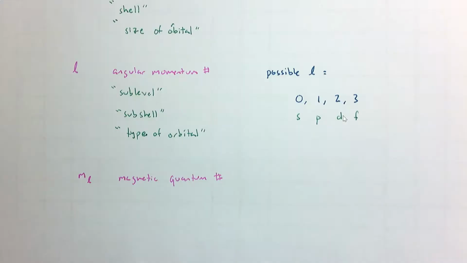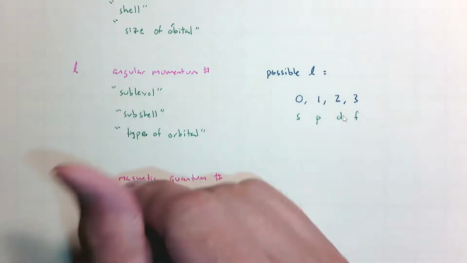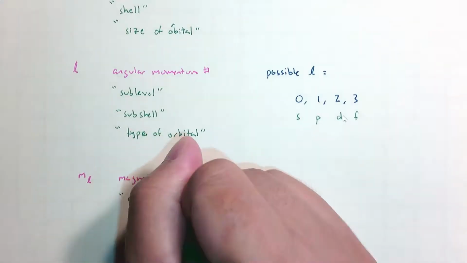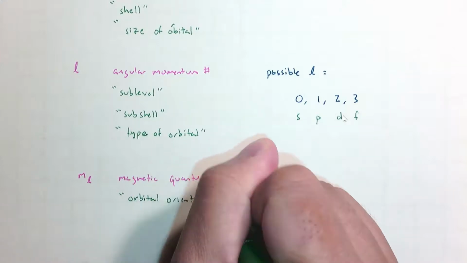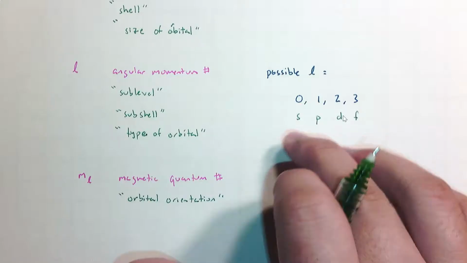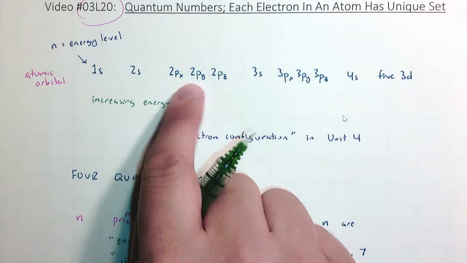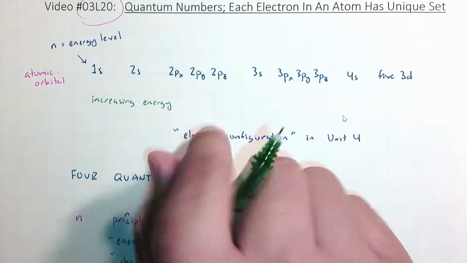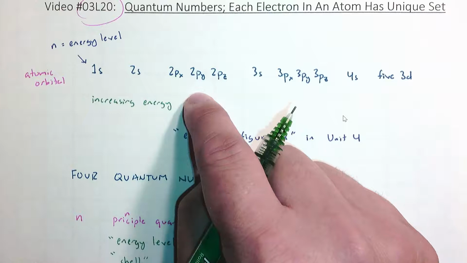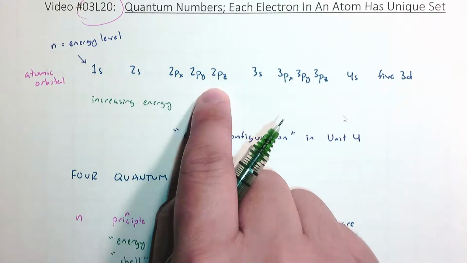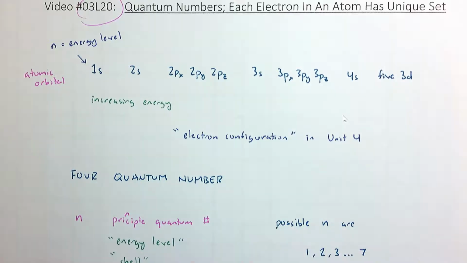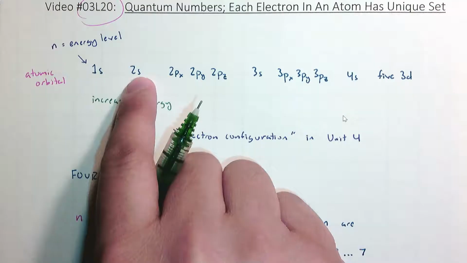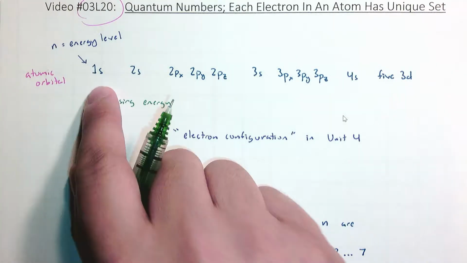In terms of its nickname, the textbook says orbital orientation. Remember that for the p orbitals, there are three of them, px, py, and pz, for each energy level starting at 2. Well, the m sub l magnetic quantum number tells you which of these p orbitals the electron is in. If your subshell is just s, there's only one s orbital per energy level.